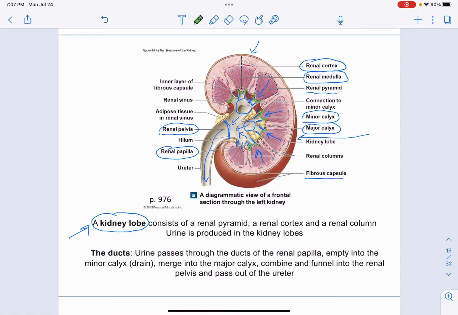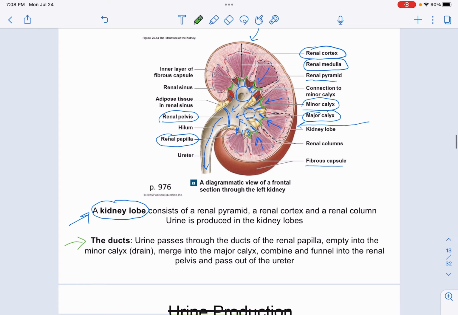So urine is going to flow through the renal pyramid, out the renal papilla, into the minor calyx, which then dumps into the major calyx, which then dumps into the renal pelvis, and then goes out the ureters. Hopefully you got that. If you want me to draw a flow chart, I certainly can on the board, but that is how urine is going to essentially pass through the kidneys. And actually, that is really spelled out down here for you, so you don't have to frantically be taking notes.